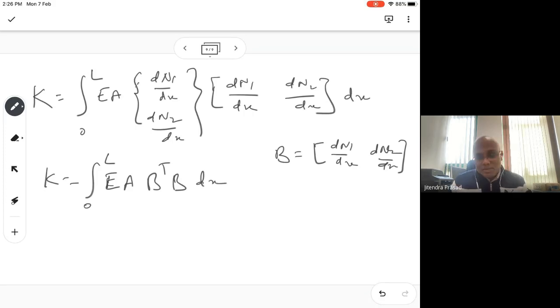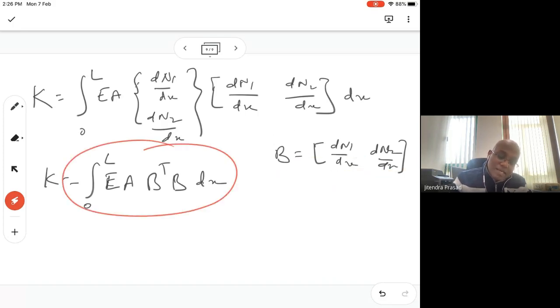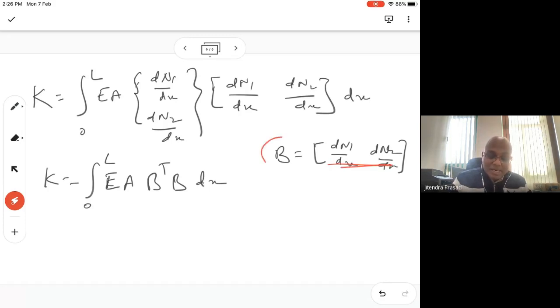The gradient of the shape function is in the B matrix. Either in this form, or you will see the B matrix take different forms, but this is what K is given by.